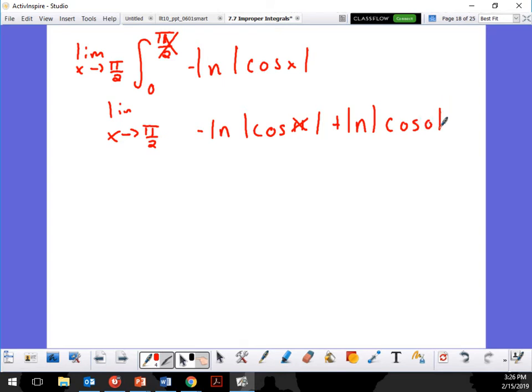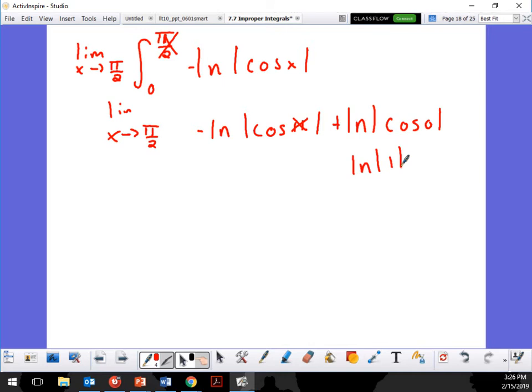Fantastic. I can evaluate my numerical bound, cosine of 0. Where are we at? 1. Cosine of 0, we just got a 1. So the natural log of 1, I'll just put the absolute value of 1 just to keep with that notation, but the natural log of 1, no problem so far.